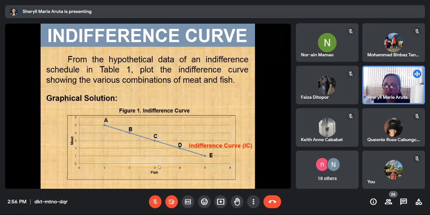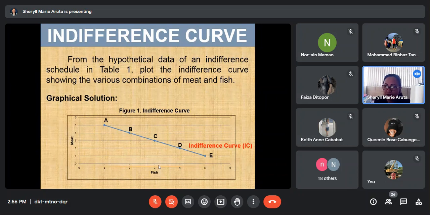Okay? So kung ato siyang i-translate o graphical solution, this is how it looks like. So it is actually descending. If you look at the meat, it's in the y-axis. Your fish is in your x-axis. Point A combination, you love more meat than fish. And that goes to point E, you love fish than meat.